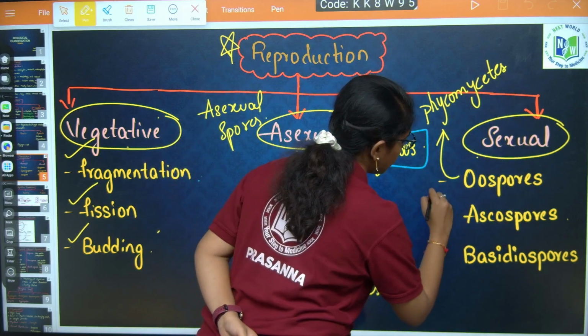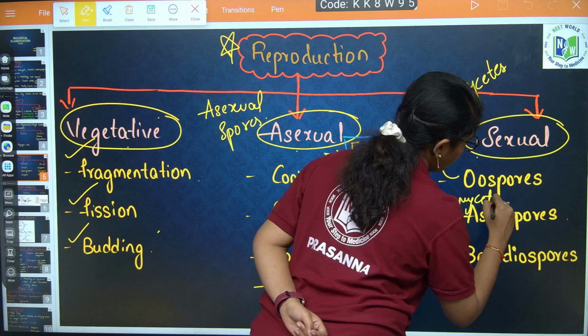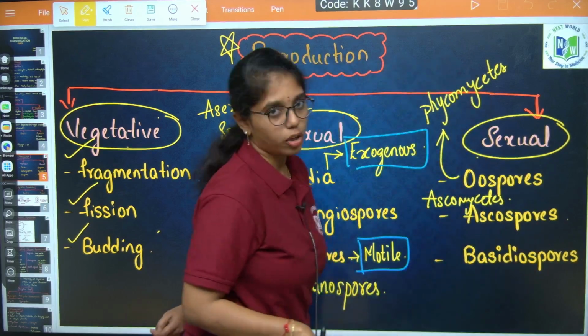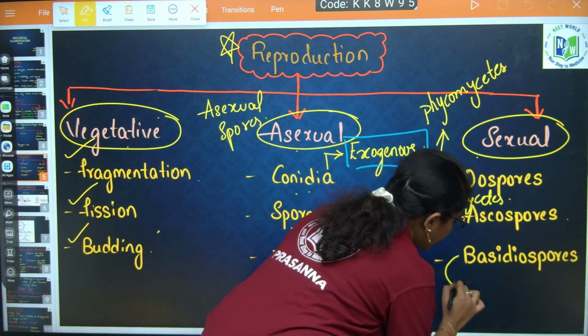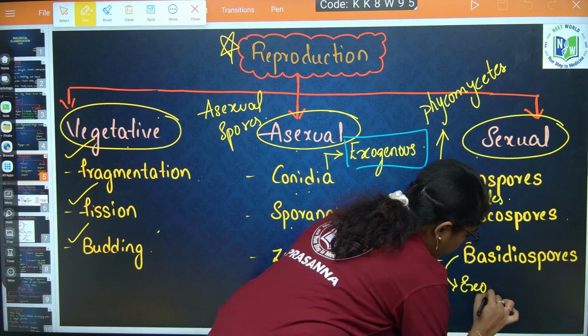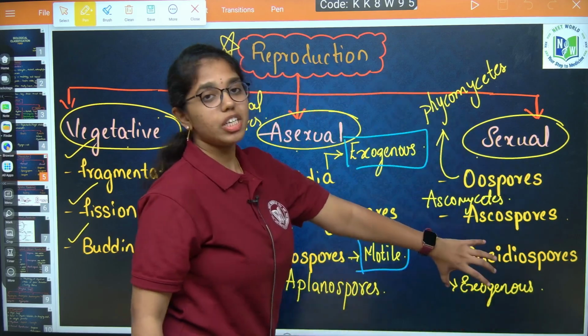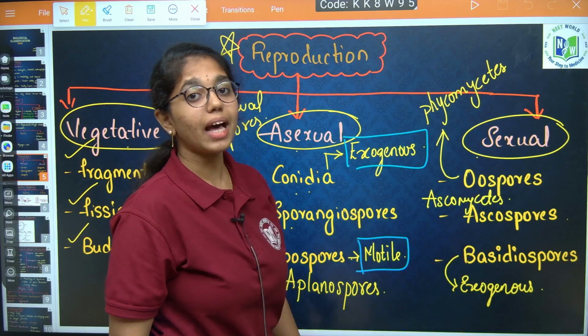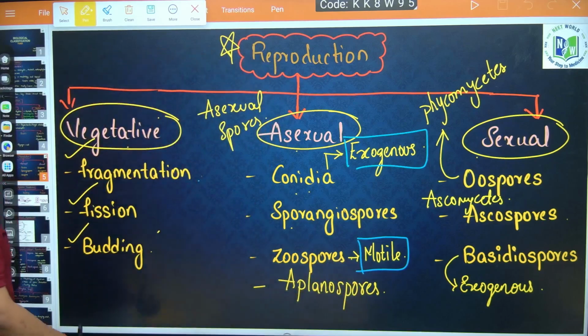Ascospores you will observe in Ascomycetes. These are also endogenous only. Basidiospores are the only exogenous sexual spores. You observe these in which class of fungi? Basidiomycetes.